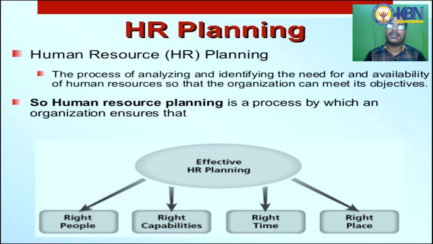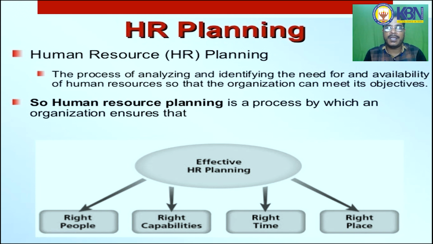Every organization should have the required manpower. If the organization doesn't have the required manpower, they cannot run its functions, and moreover they cannot achieve their organizational goals. To achieve their set targets and desired goals and objectives, every organization should have the required number of manpower.